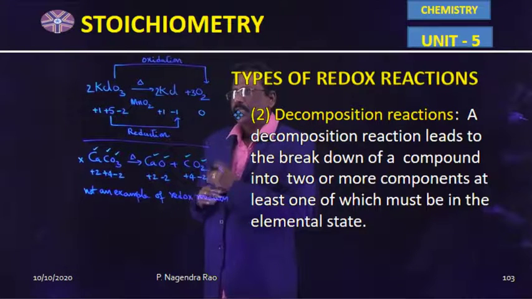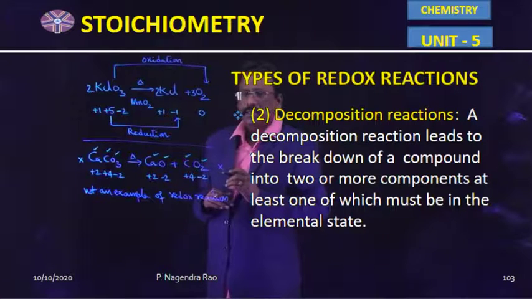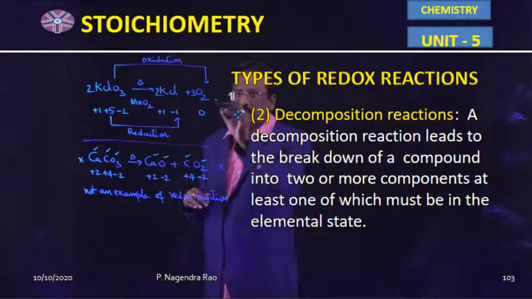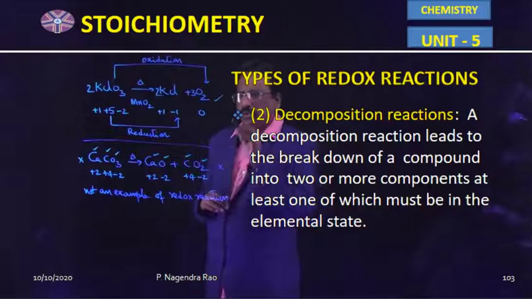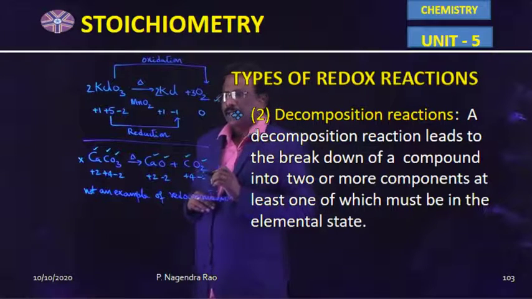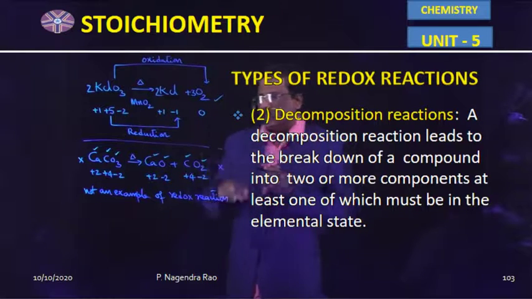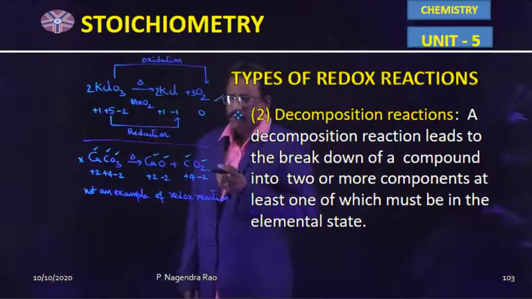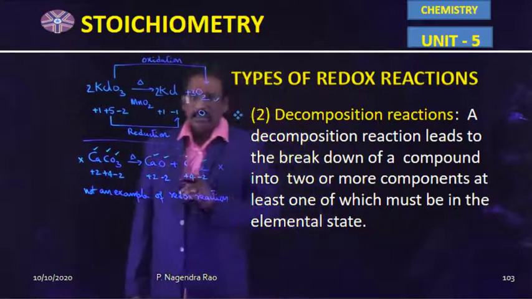But on decomposition of KClO3, it is decomposed into KCl and O2. It is one of the examples of decomposition reaction, and that one follows both oxidation and reduction simultaneously. But here the decomposition of limestone is not an example of redox reaction.